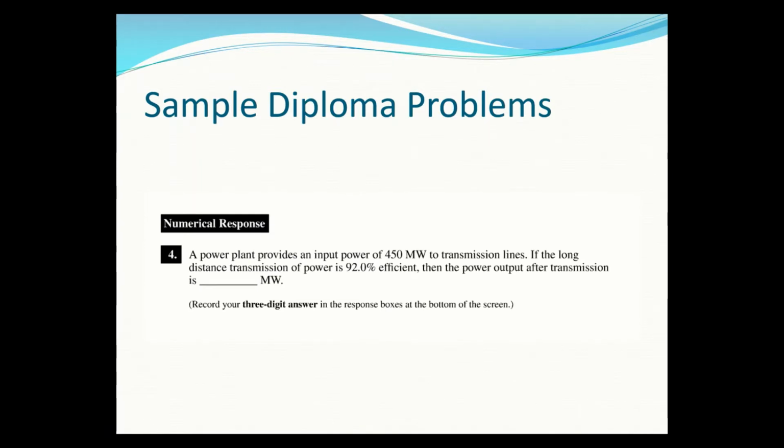And then this one, a power plant provides an input of 450 megawatts to transmission lines. If the long distance transmission line is 92% efficient, then the power output after the transmission would be, so we're trying to find output. Our formula is output over input times 100%, and that equals our efficiency. So we want to find the output.